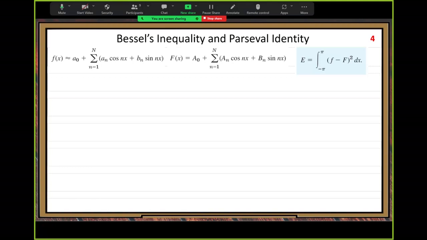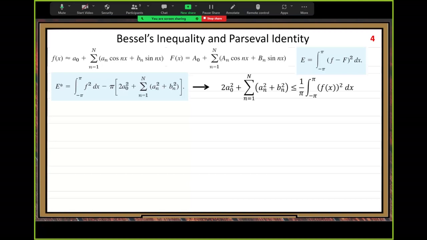We use the same notation as the previous slide, and the E star representation we already have. Now we know E star.